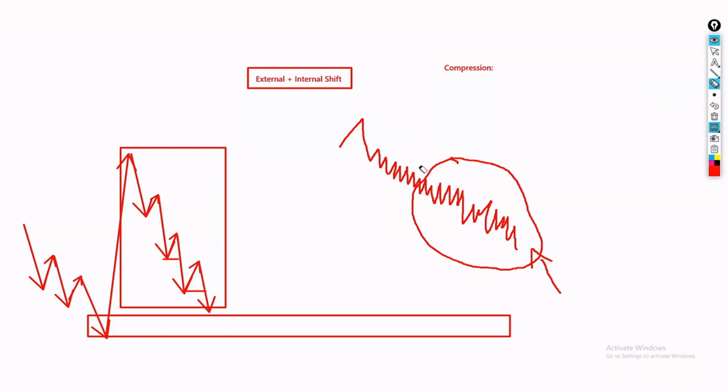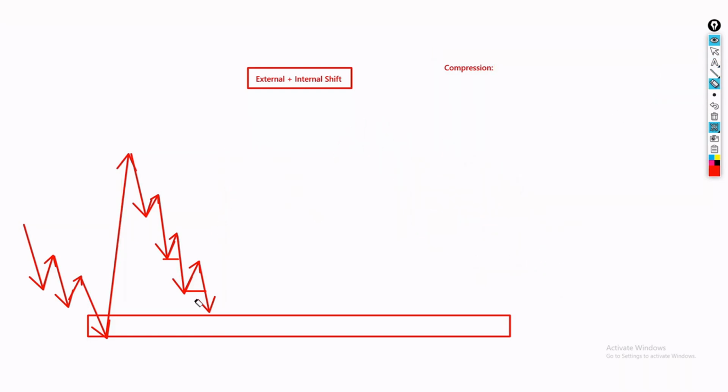So let's remove this stuff and get into the confirmation. We hit our point of interest, and what you want to watch out for is an external shift. If you understand structure, you should understand that this is an external point, and we may potentially now be making an external point over here. What I mean by an external shift is, if this is your 2-minute time frame coming down, you want to wait for one of these highs to break, because this is going to be an external shift.